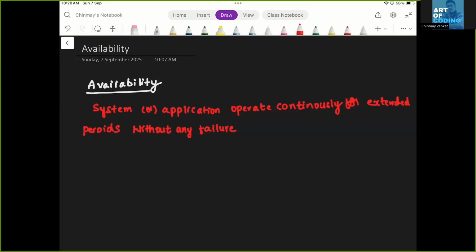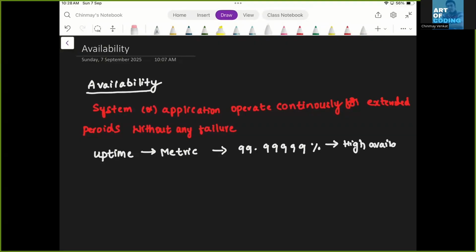If the system maintains 99.999% availability throughout the year, it is known as a high availability system.